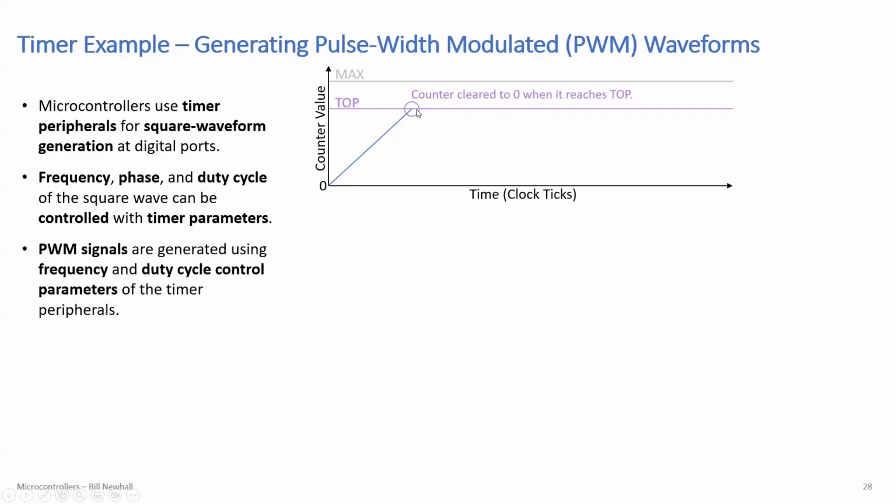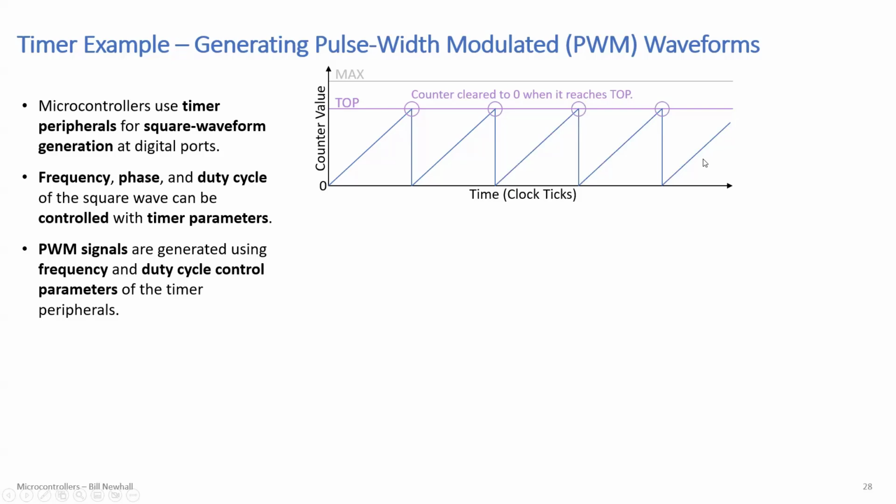So it counts up over time, hits that value, and the microcontroller peripheral just clears it to 0. Then the counter starts counting again. Nothing stops the clock ticks from incrementing the counter, and it goes up, hits top again, and goes back to 0. So these values keep doing this: increment, increment, increment, reset to 0, keep going.